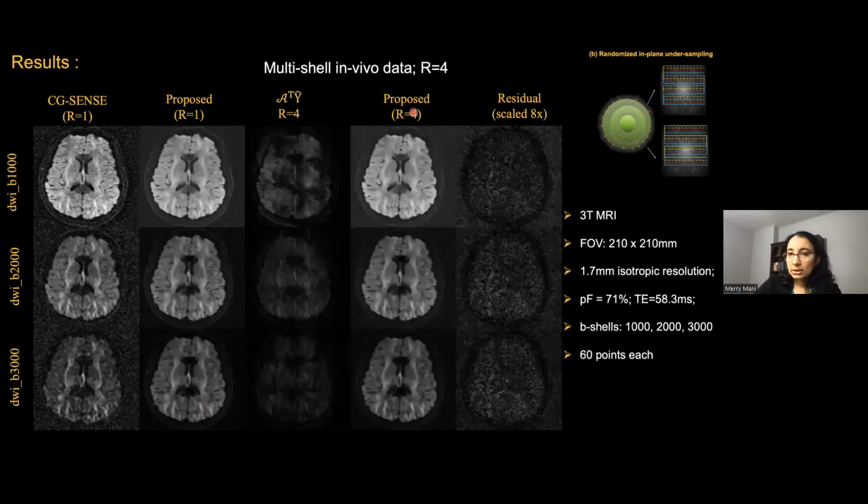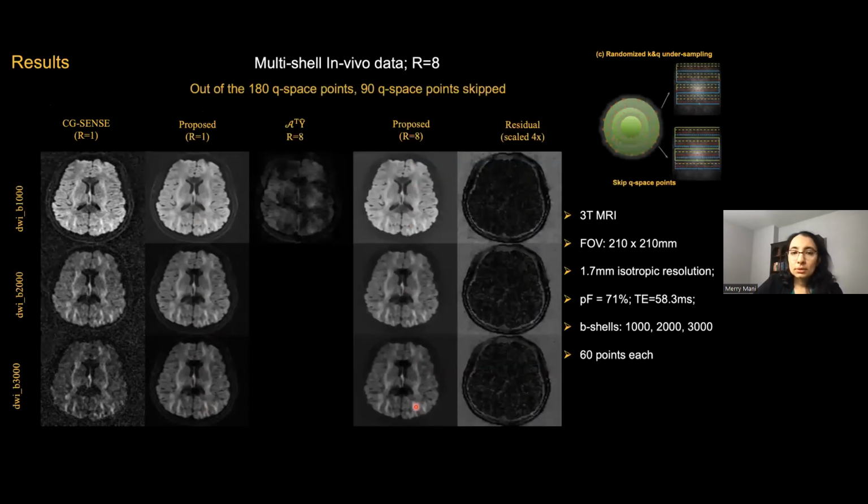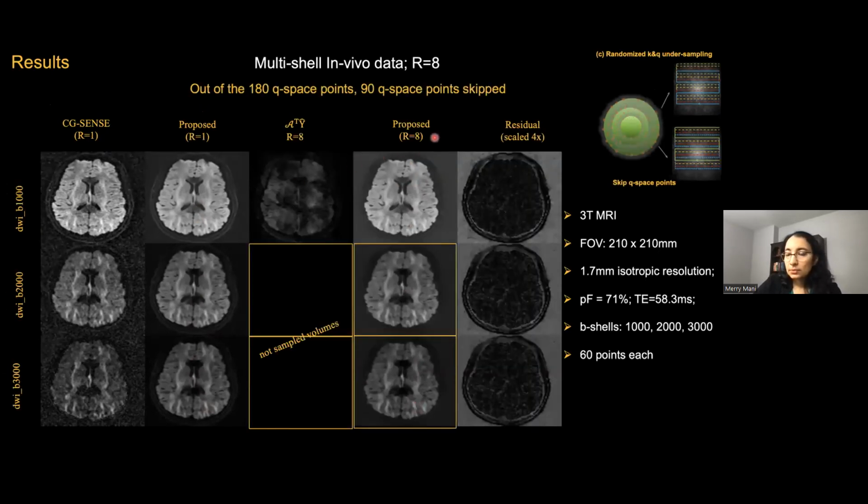Now, if you look at the accelerated data, you can see that at 4 times acceleration, you can still reconstruct all these multi-shell data with very good accuracy. Now this is the result for the acceleration factor of 8. Remember, here we did not sample a lot of the Q-space points, but the method can still reconstruct all those Q-space points.